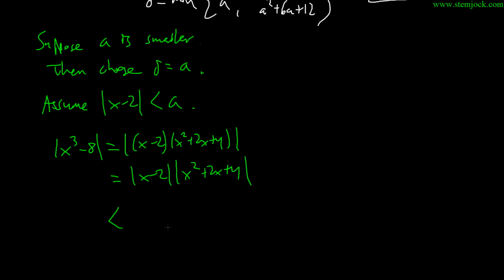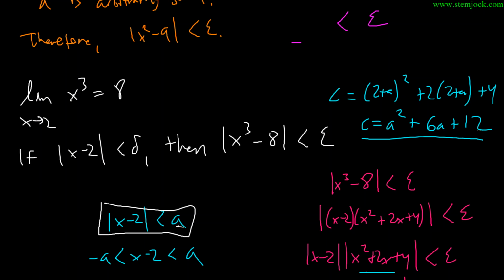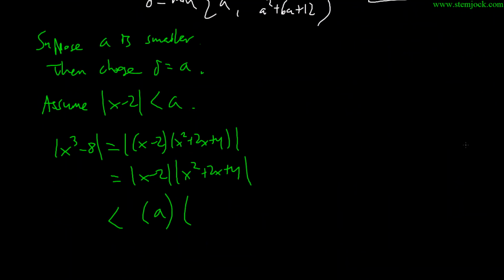This is less than, I assume that the absolute value of x minus 2 is less than a, so this part here is a. The upper bound of the absolute value of x squared plus 2x plus 4, that is c. What is c? C is a squared plus 6a plus 12.